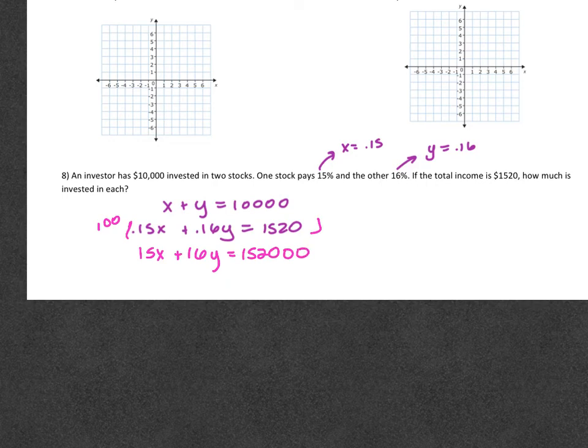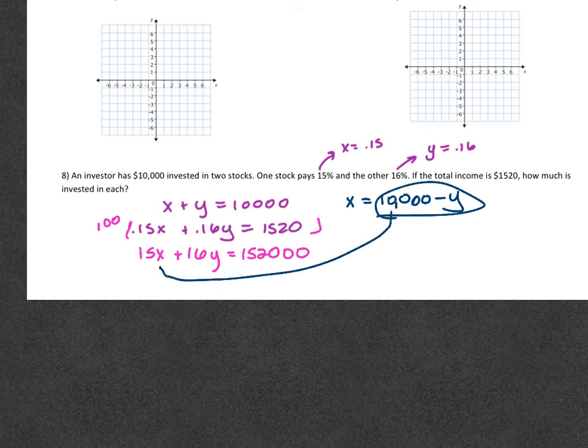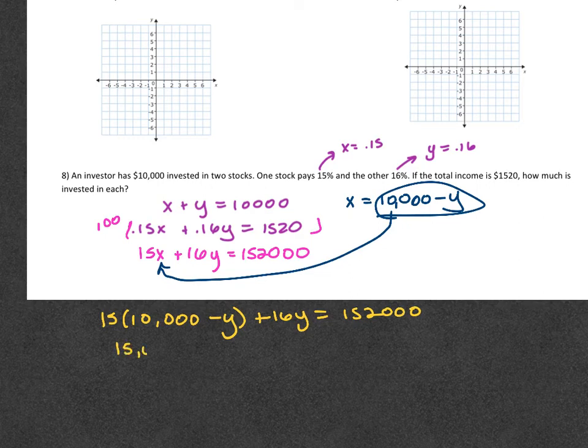And then you can either do substitution or you can do elimination. What would you have chosen? Elimination? I would have chosen substitution. Okay, so then let's say that x equals 10,000 minus y. I'm going to take that and plug it back in there. So distribute that.